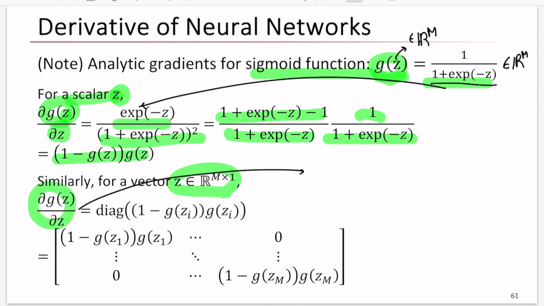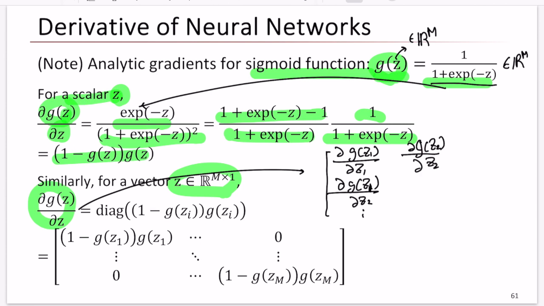Because this is the vector to vector case, we can compute the local gradient of g of z1 over z1 and z2, and g of z2 over z1 and z2.